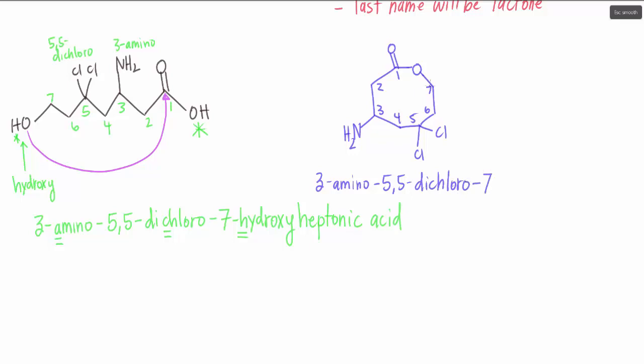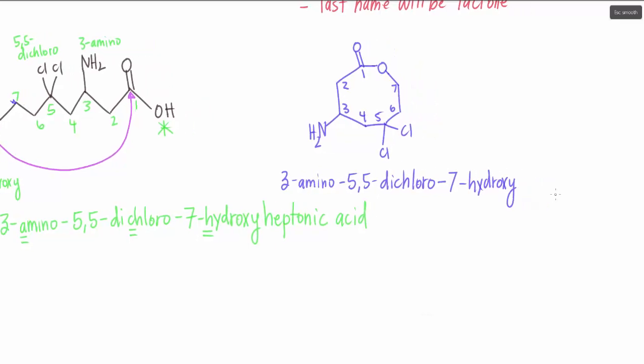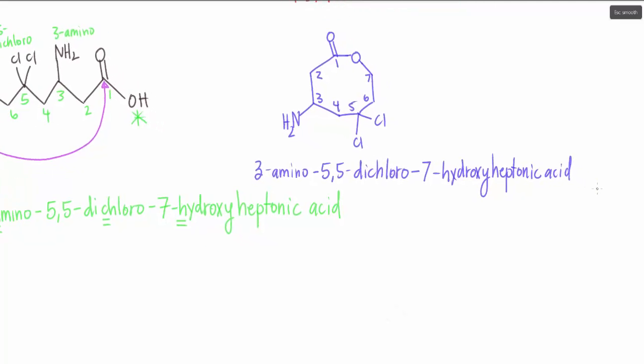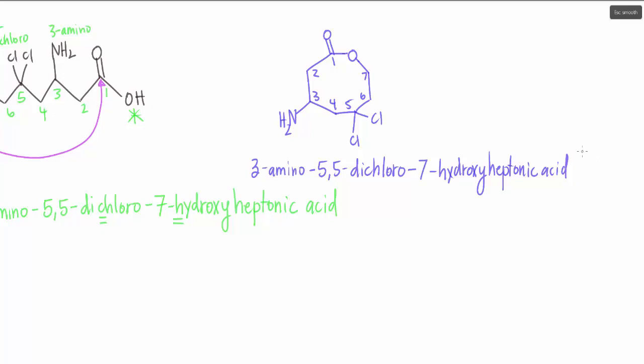dash 7. So this bond from the terminating carbon of your carboxylic acid to this oxygen is going to be named hydroxy. Okay, the last part is going to be heptonic acid, and because this is a lactone, I have to write lactone.